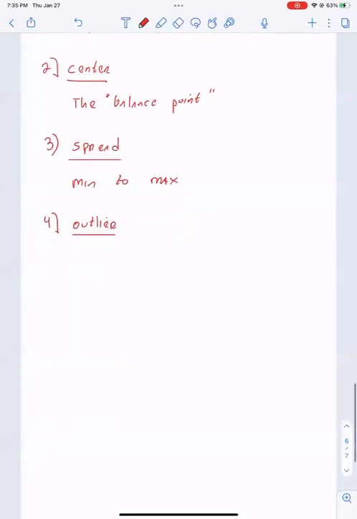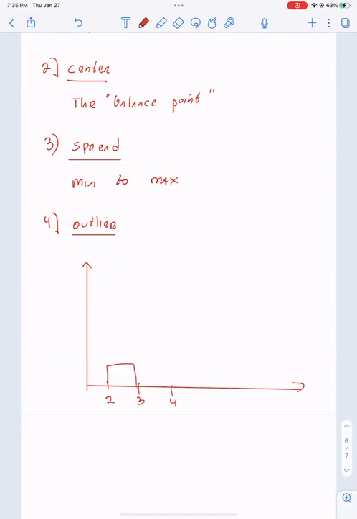Imagine I had a histogram with everything lumped between 2 and 5, and then you just got this one out in the middle of nowhere at 10 or 11. What is that? It's so different than the rest of the data that it's just an outlier.